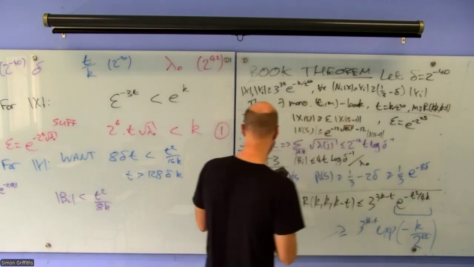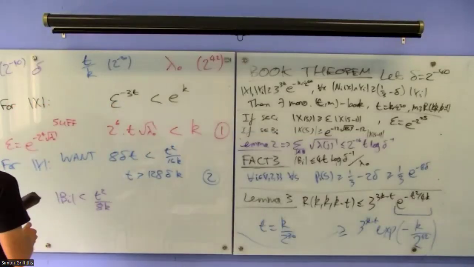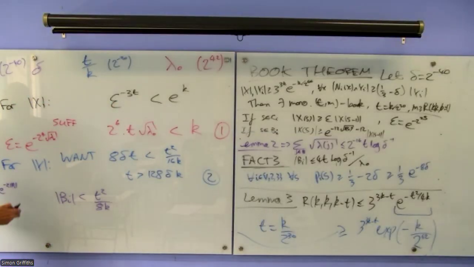So the upper bound you have for the number of boosts is really like 4t log 1 over delta over lambda 0 is the most number of boosts. You want this to be at most t squared over k. Again, we can cancel a factor of t.